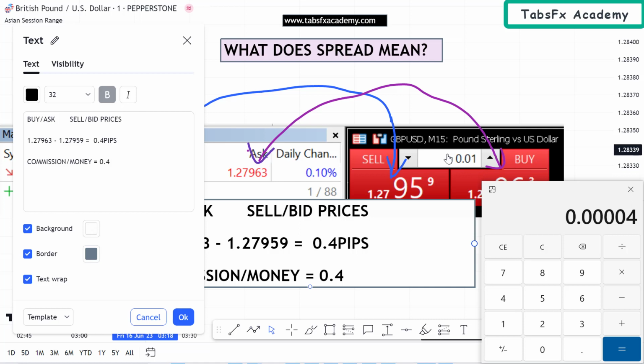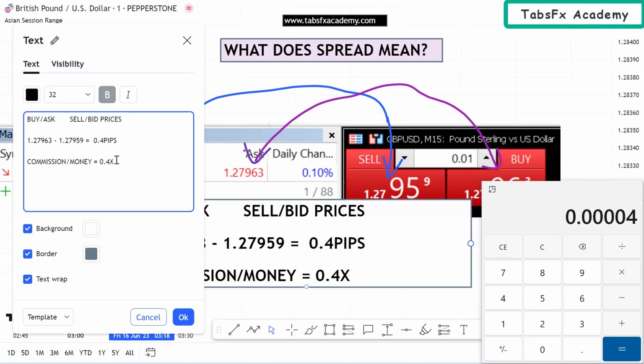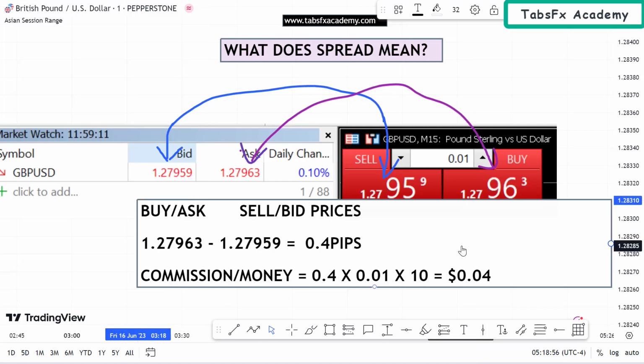In this case, we are having the lot size as 0.01. So simply multiply the number of pips by the lot size, which is 0.01, then times the value per pip, which is 10. And this will give us, for every position that we take, what the broker will be charging you.